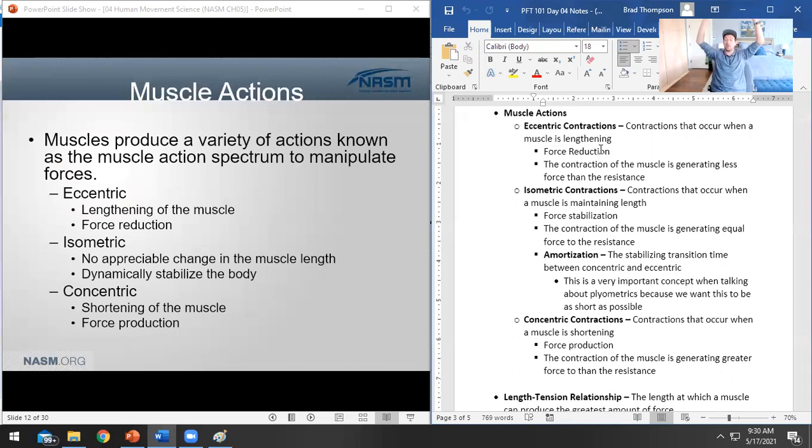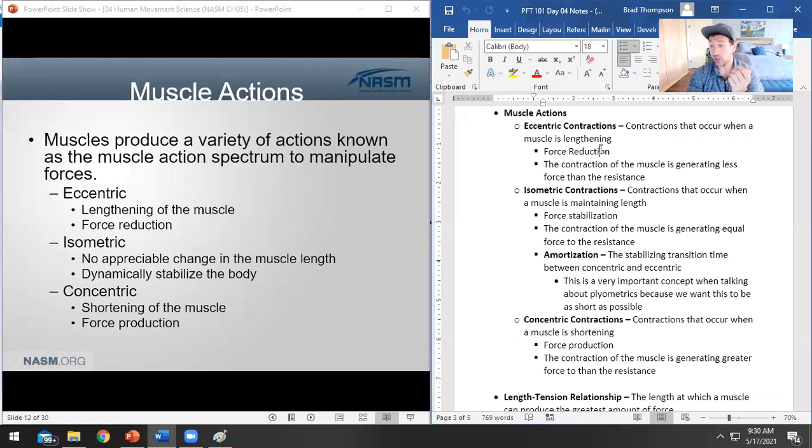So I'm performing force reduction. Or my muscle is generating less tension, less tensive force than the resistive force that I've got in my hand. Okay, so that would be an eccentric muscle contraction, lengthening out my muscle.